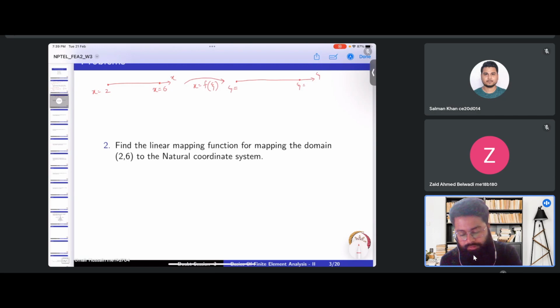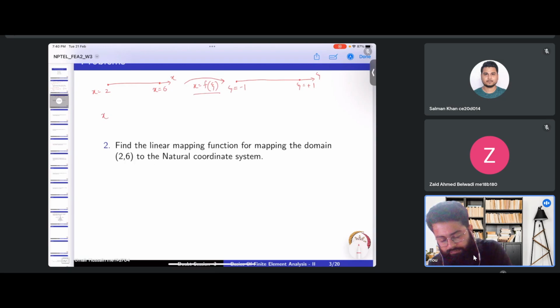Okay, since I'm not getting any response. So zeta is -1 here and +1 here. Fine. So we need to find this transformation function. So you need to find a linear mapping, right?